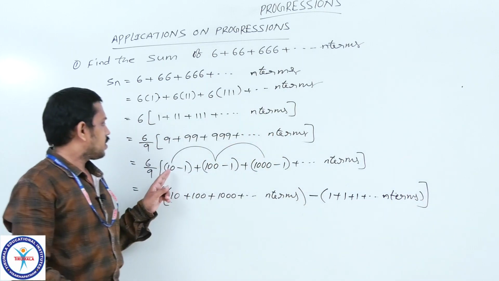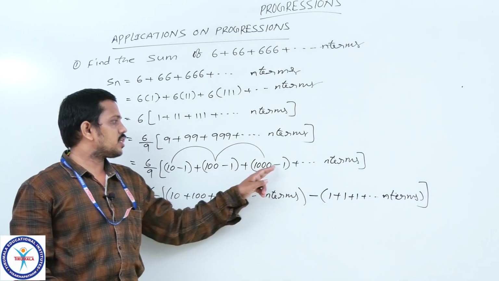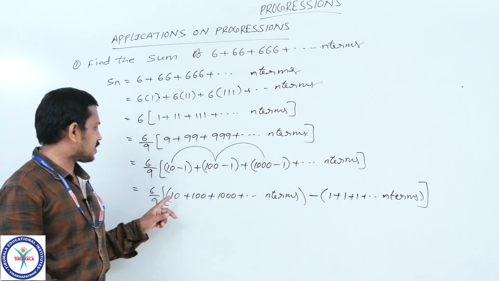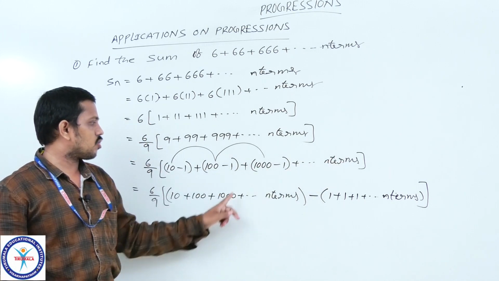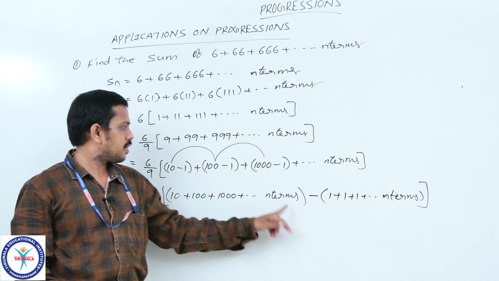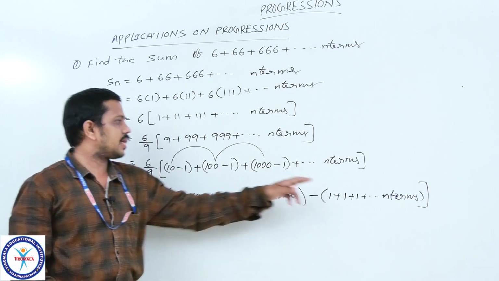So 10 minus 1, 100 minus 1, 1000 minus 1 and so on n terms can be written as 10 plus 100 plus 1000 plus and so on n terms, and we add minus 1's n times.